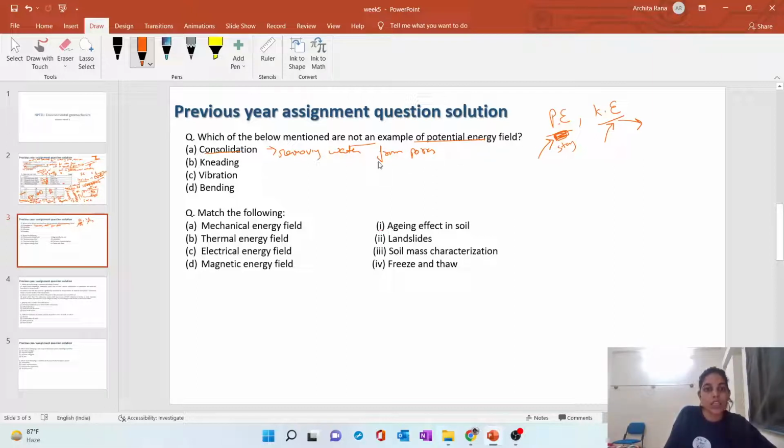Another is kneading. So consolidation is actually an example of potential energy, because here the water is coming out, but the energy, which is pressure, stays in the system. You are applying mechanical energy to consolidate it, and it stays in the system.